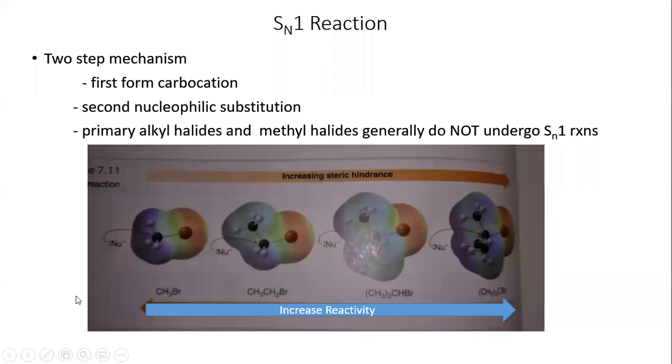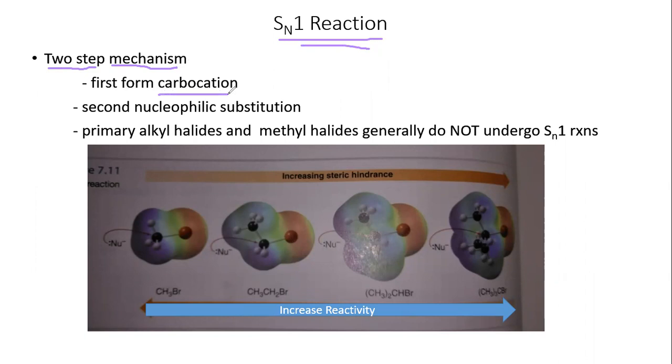So for an SN1 reaction, and please pay attention here, this is very important. As I showed you earlier, it's going to be a two-step mechanism, and that's always two steps. The first step, we form the carbocation.